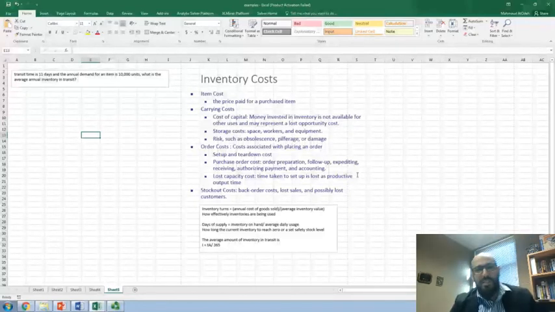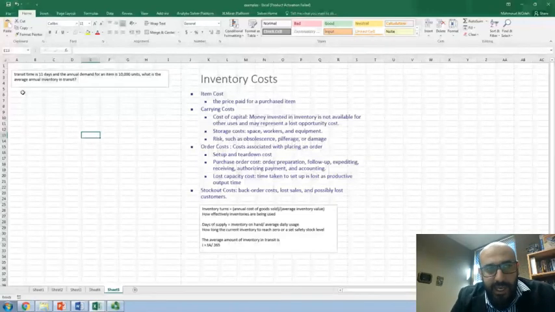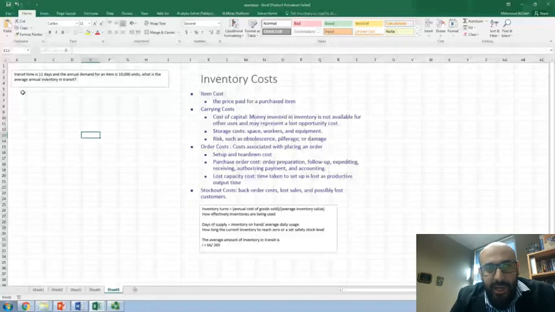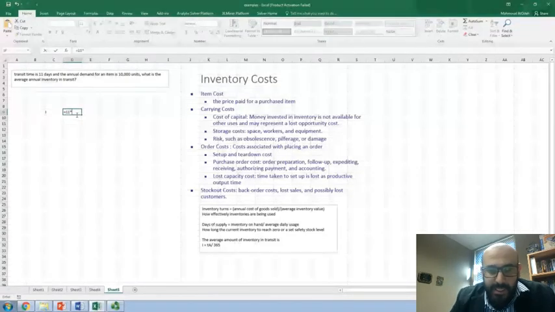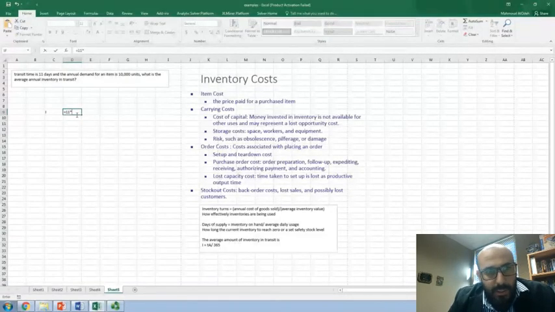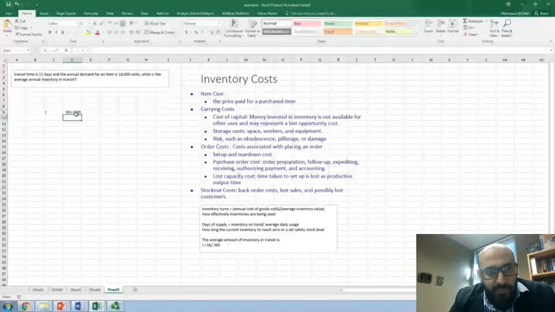Okay, let's take an example here. We end this video with this example. We have a transit time of 11 days, and the annual demand for an item is 10,000 units. What is the average annual inventory in transit? I is equal to 11 days times annual demand 10,000, divided by 365.